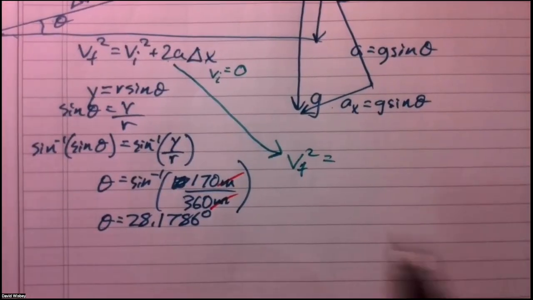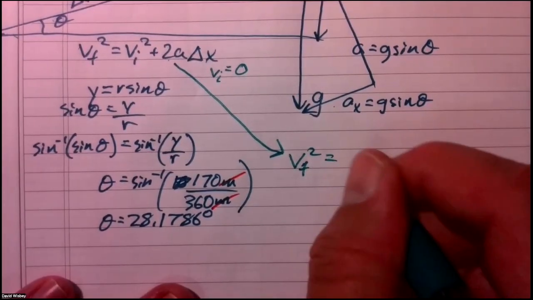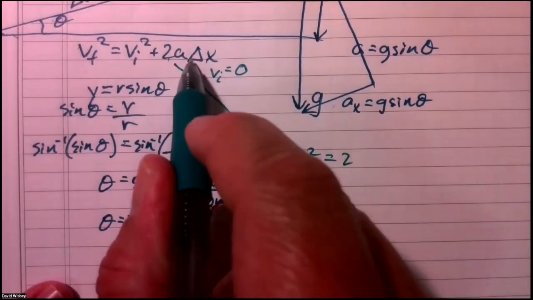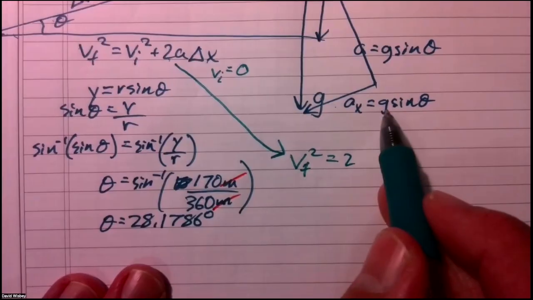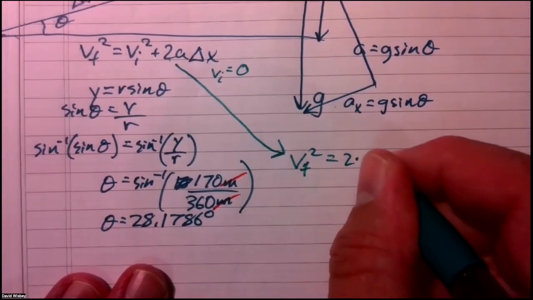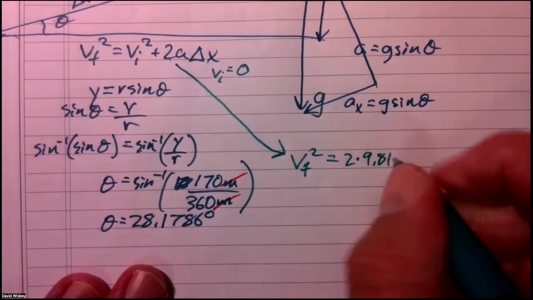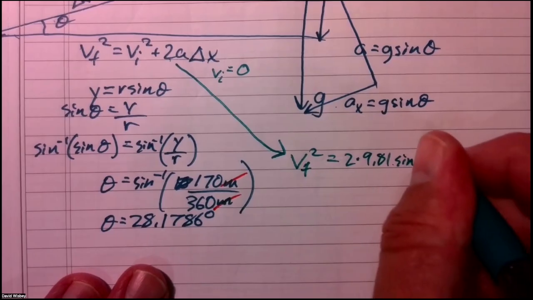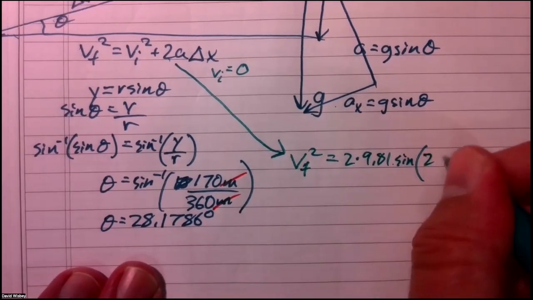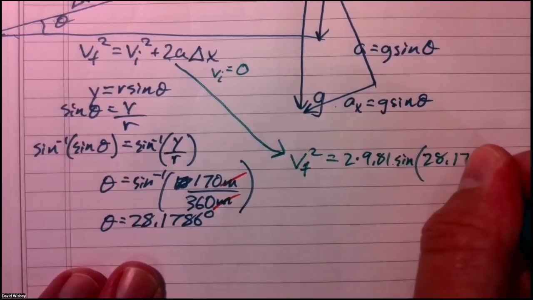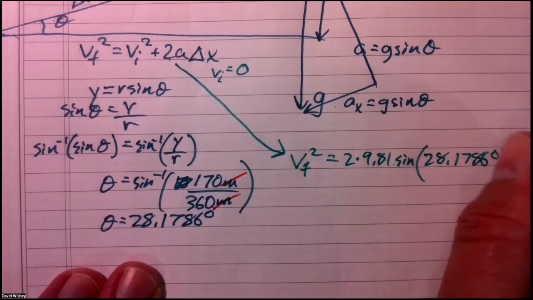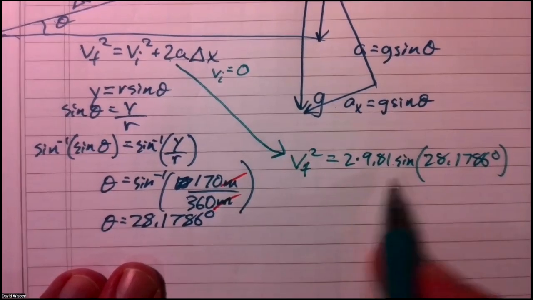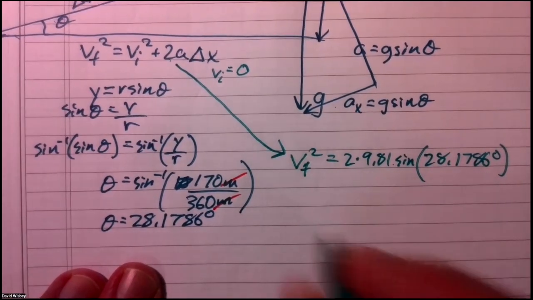Now I'm going to put in my acceleration, which is 2 times 9.81 times sine of my angle, and my angle is 28.1786 degrees. And now I'm going to take the square root of both sides.